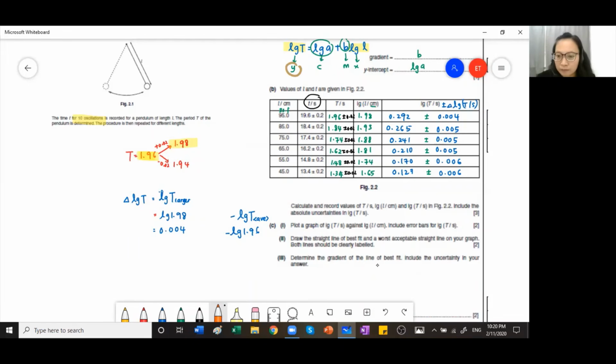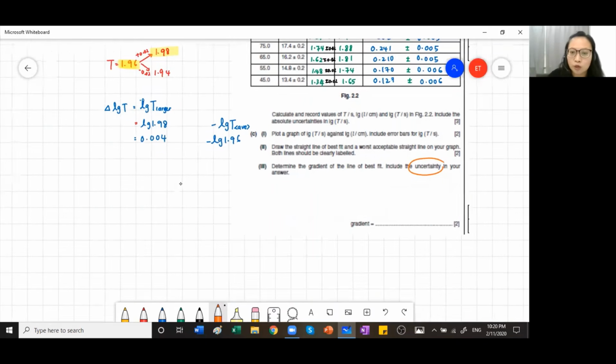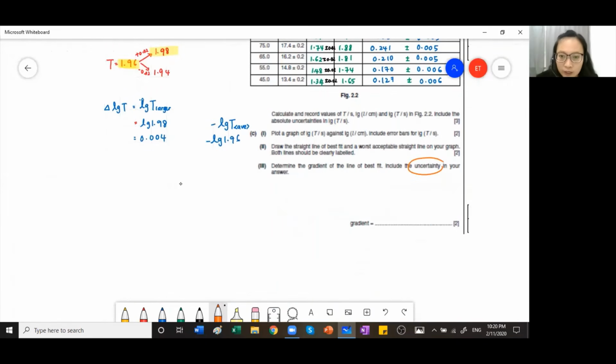But since you are asked to include the uncertainty of the gradient in your answer, you are supposed to calculate the gradient of the worst fit as well. Based on the line of worst fit, calculate the gradient of the worst fit. So you get a value of the gradient of the worst fit, and a value of the gradient of the best fit.